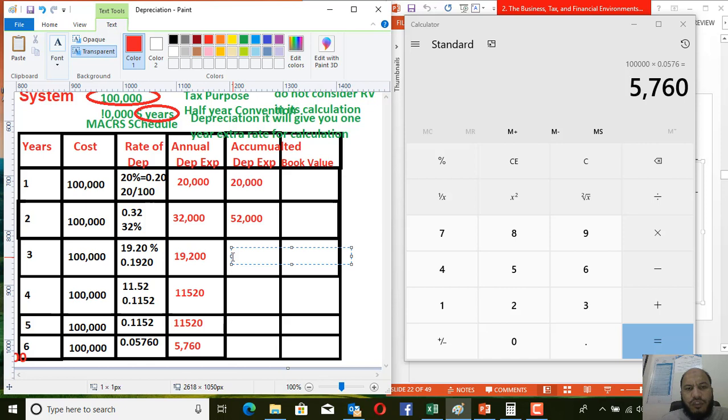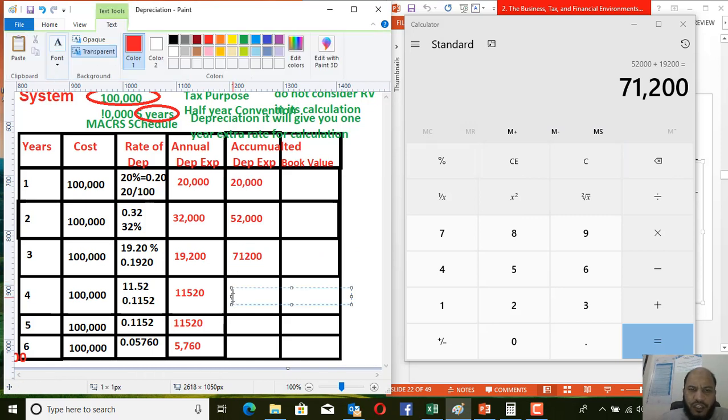Now we will calculate for year 3. We already have 52,000 for 2 years plus 19,200 for year 3, which is equal to 71,200.